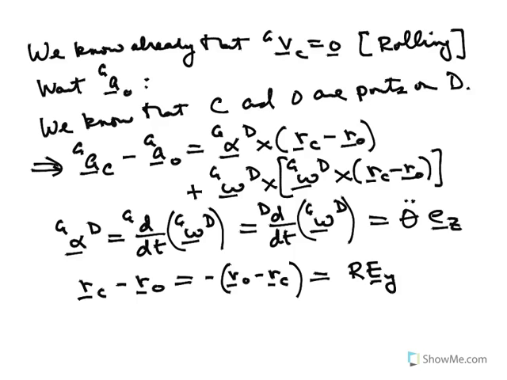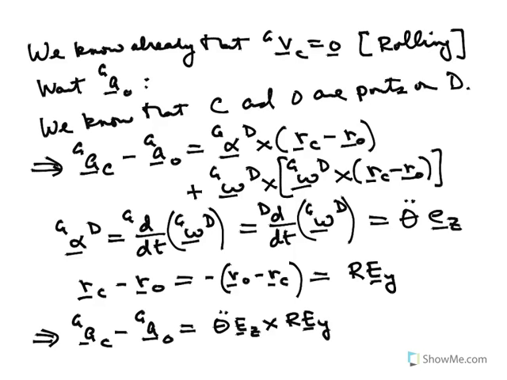Now, if we substitute everything in, what do we get? We get the acceleration of point C in G minus the acceleration of O in G is equal to theta double dot EZ crossed with R EY, and then plus theta dot EZ crossed with theta dot EZ crossed with R EY.